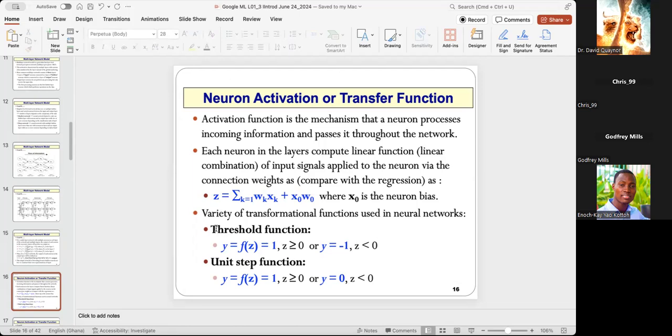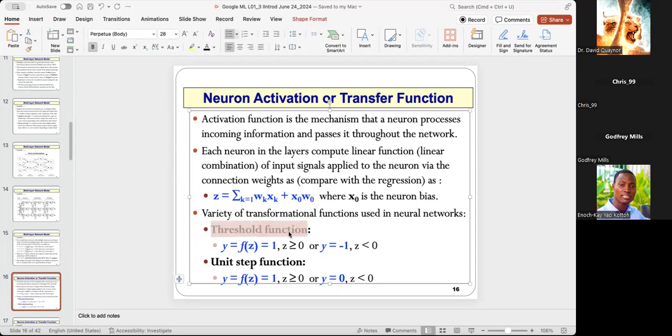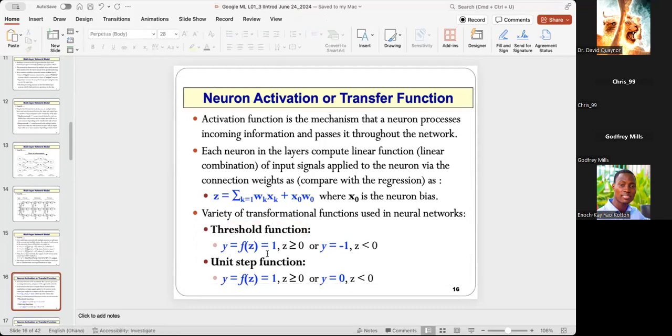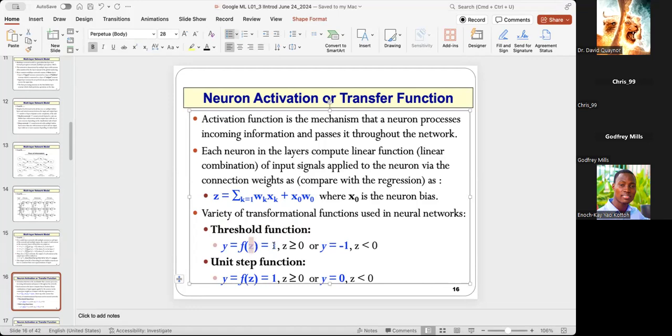The first one is what we call the threshold limit. The threshold limit, regardless of whatever value this one is, it can provide an output of 1 or 0. Let me repeat.